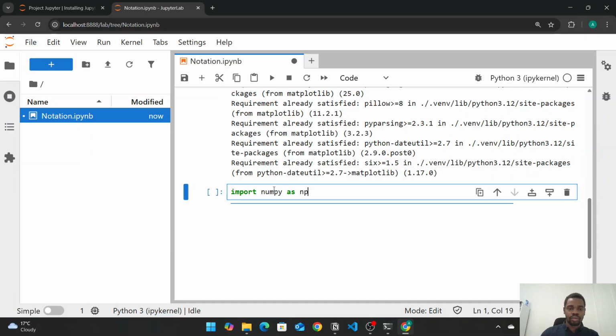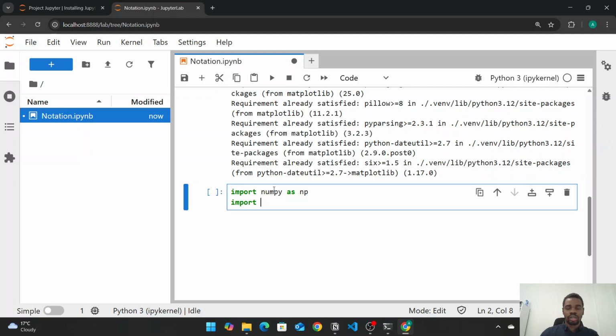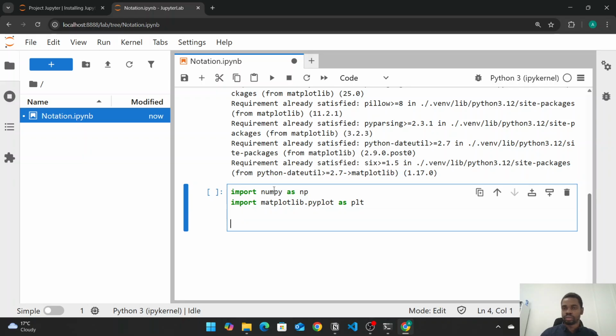So we're going to plot this quadratic equation, and to do that we're going to import NumPy, also import our Matplotlib. First we generate an array, or in this case a matrix of 400 values between minus 10 and 10.